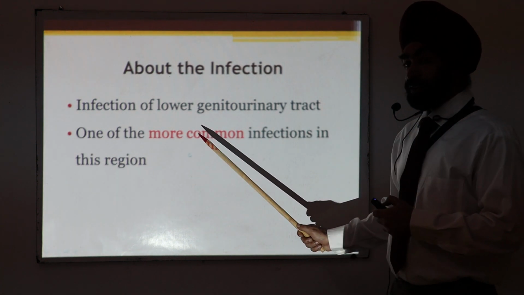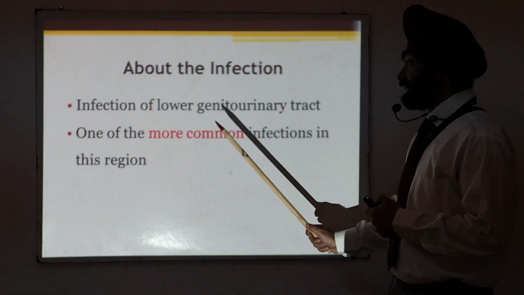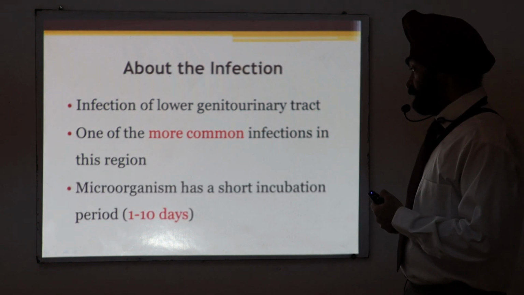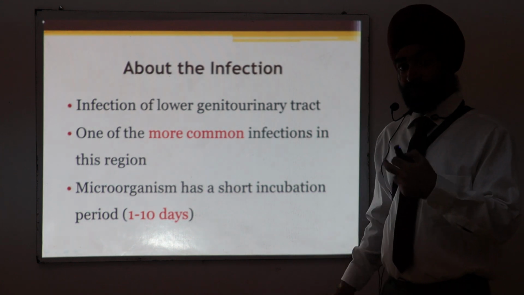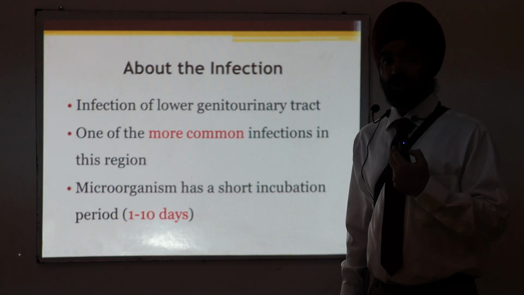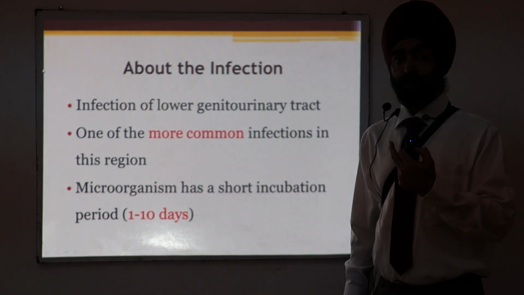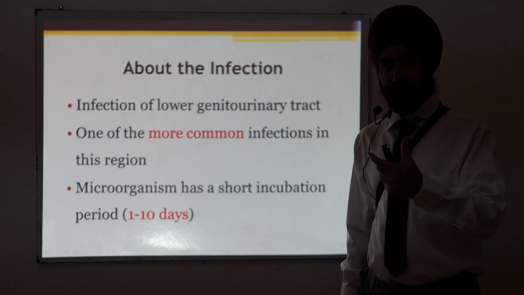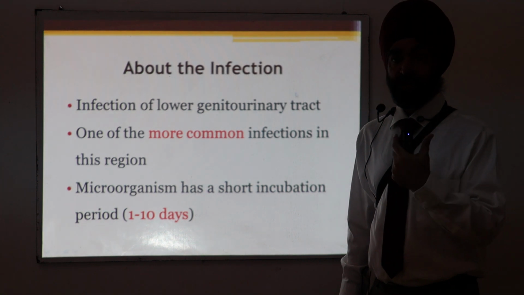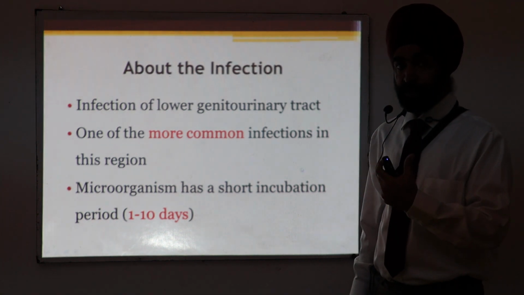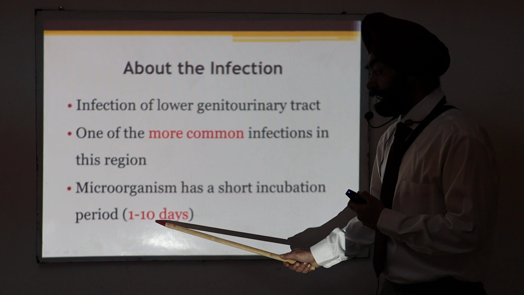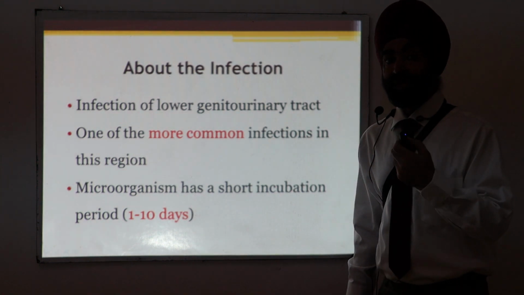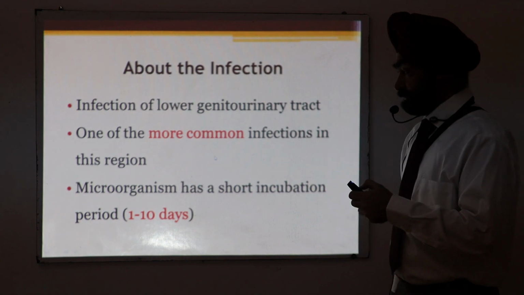You can say it is one of the most common infections in this anatomical region. It has a short incubation period. Incubation period means the time between the entry of the microorganism and the appearance of symptoms. That incubation period is just 1 to 10 days. Compare this with syphilis, when it was 90 days, that is 3 months.